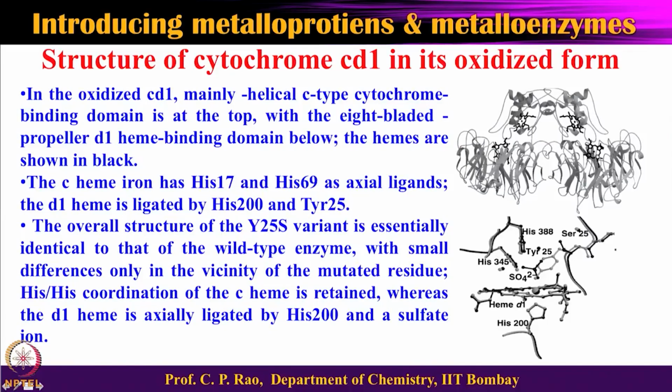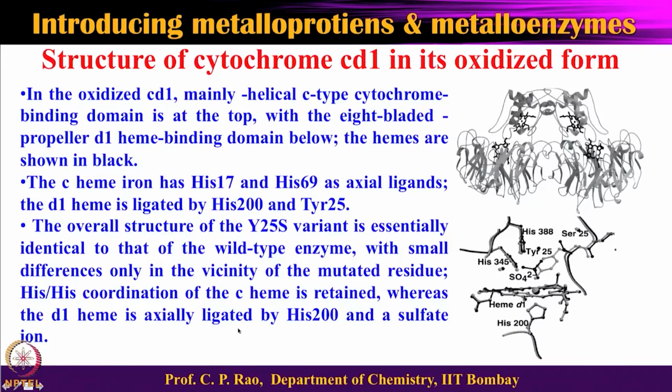Now, let us bring up one mutation. One of the tyrosines is converted to serine, by 25S. In this variant, it is essentially like that of the wild type, but there are some differences in the vicinity of the mutated residue. The c type does not get perturbed, both the histidines are there, but what gets perturbed is the d type.